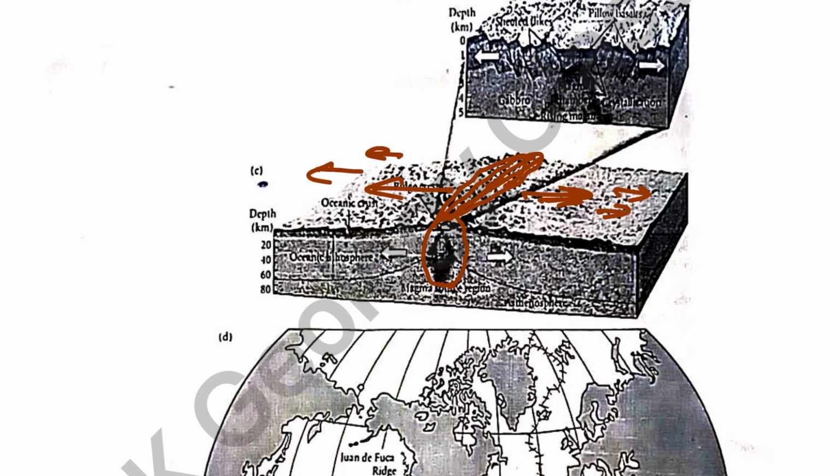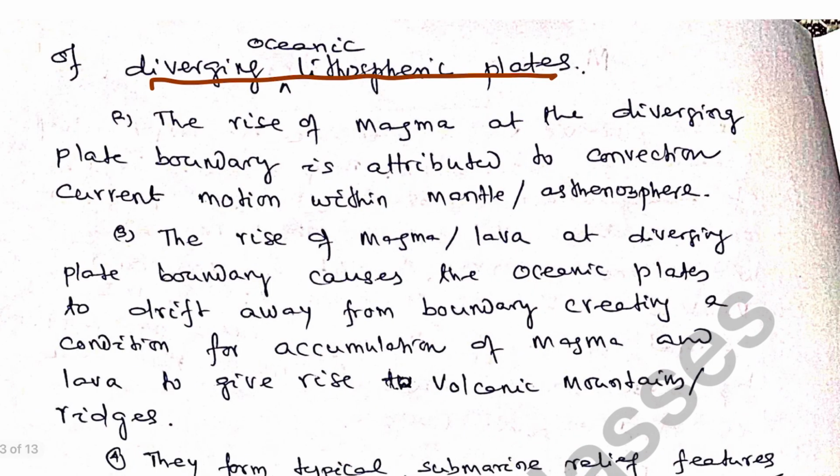And in this manner, these mid-ocean ridges are being created in the oceans. So the mid-ocean ridges are made out of the lava or magma that gets erupted along the diverging plate boundaries.